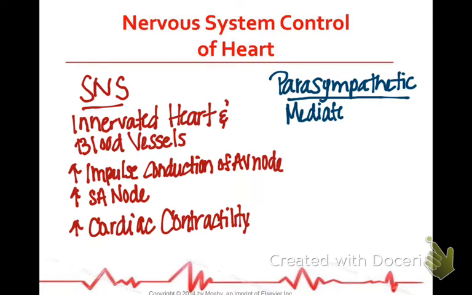Often you'll hear people refer to both of these as the autonomic nervous system, right? They're talking about both the SNS and the parasympathetic. So when you hear somebody say they vagal down, what happened?